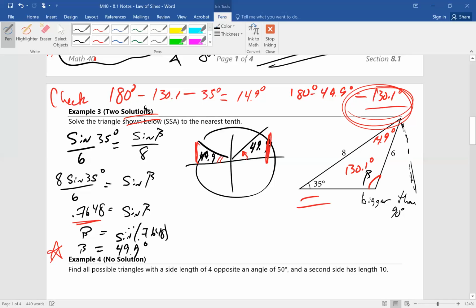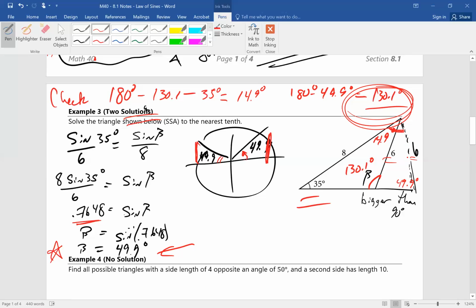If this side of the triangle, which is still 6, lies there and it gets extended, then that would make it possible for this angle here, 49.9 degrees, which is right there. So that's the case that you need to be aware of, that the 6 is either here or here, and if that just swivels, which then makes this angle different, you can figure that out after the fact.